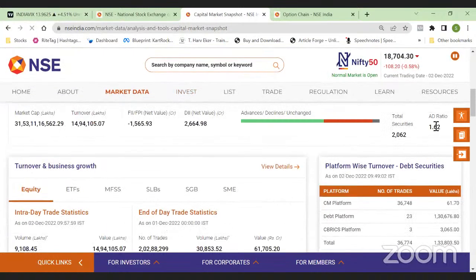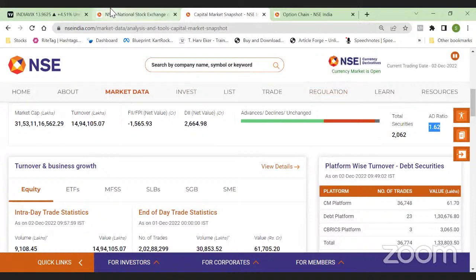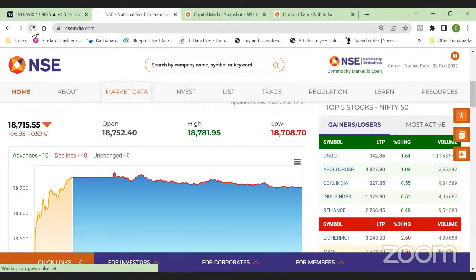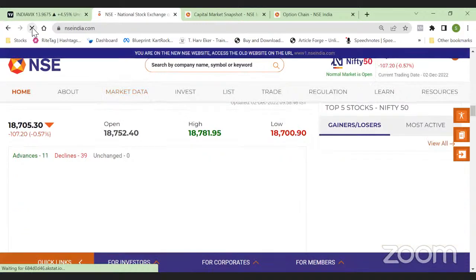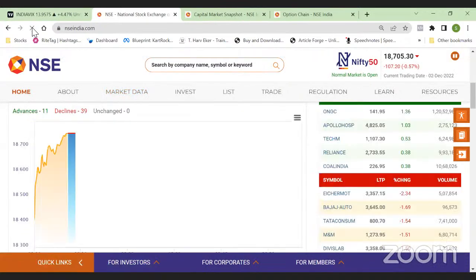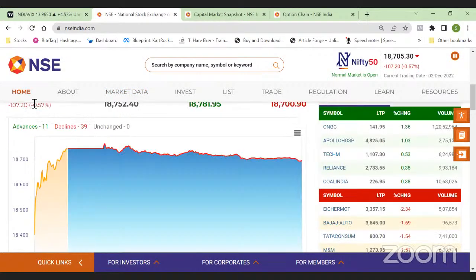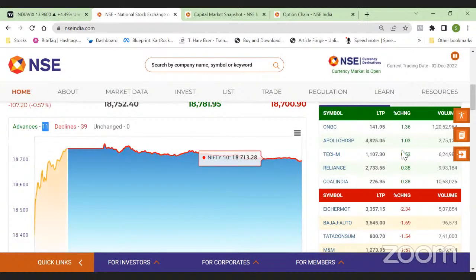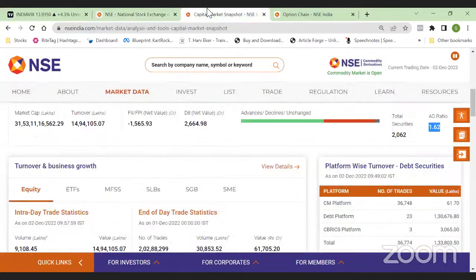So if this advance decline ratio stays above 1, there is all the possibility of some short covering coming in the second half. This advance decline has slowly improved. But overall, apart from ONGC, which is 1%, and Apollo Hospital 1%, all other stocks are less than 1%. So currently Nifty is still weak.